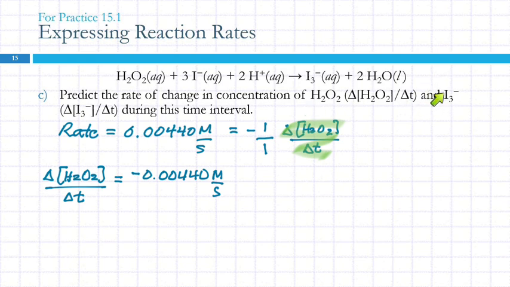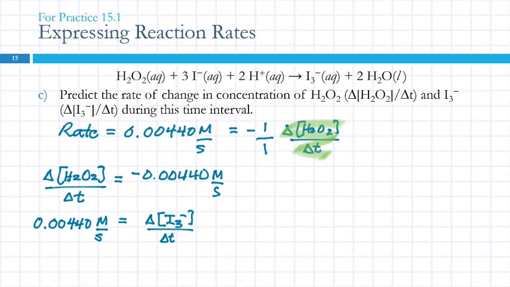And then it's also asking about the I3 minus. Well, the rate of the reaction is the same. And let's write the expression for it in terms of I3 minus. This is a product, so no negative sign. And the coefficient is 1, right? 1 over the coefficient, just 1. So this is equal to the change in the I3 minus concentration divided by the change in time.